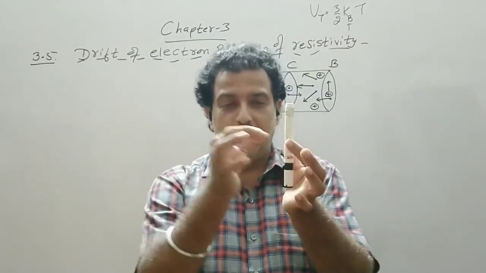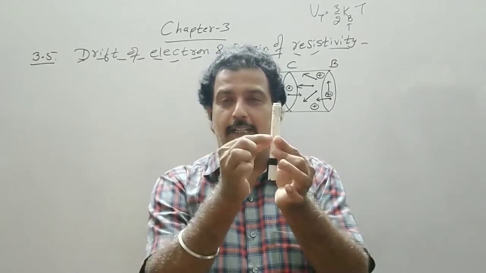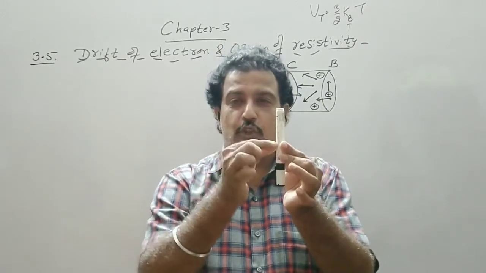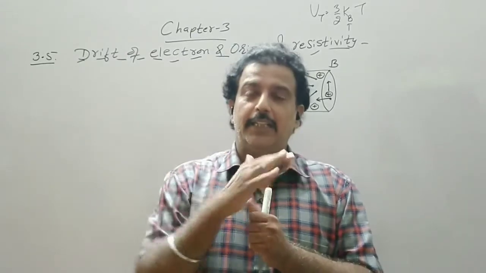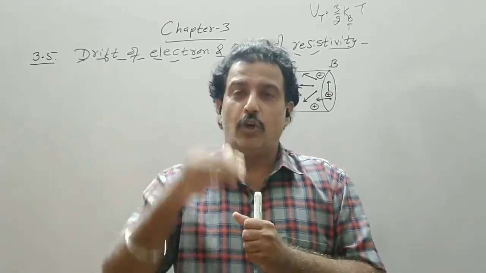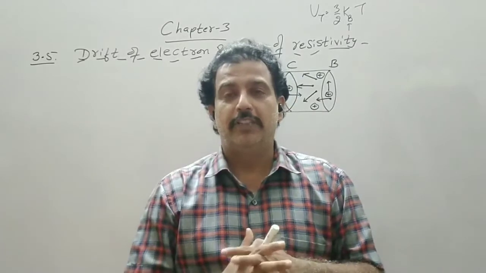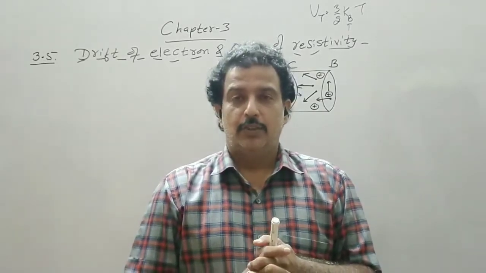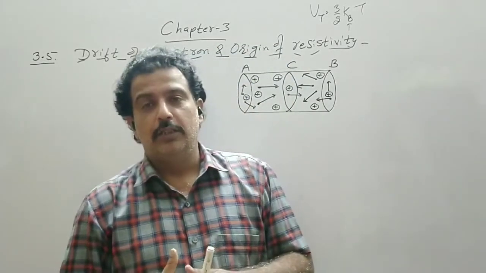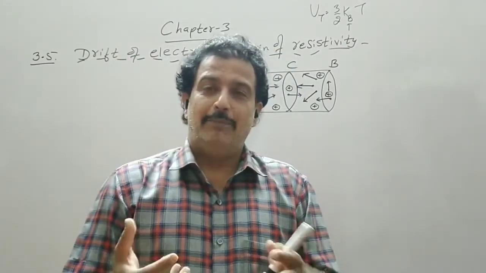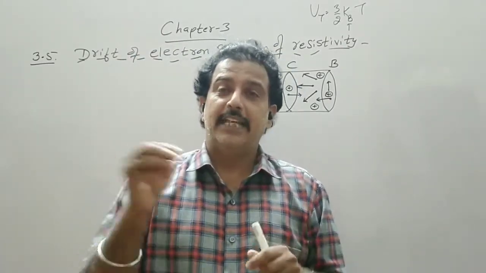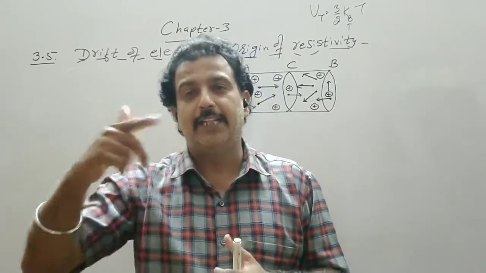Now this electron, when it strikes the ion, is thrown in a random direction, and again it starts its motion with the same speed. So whenever an electron collides with the ion, after collision it moves with the same speed but in a random direction.